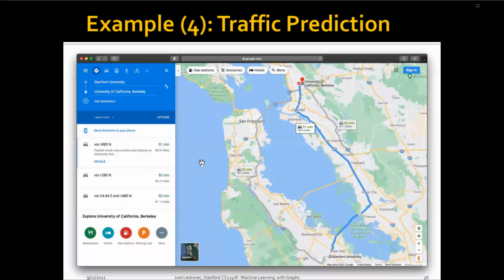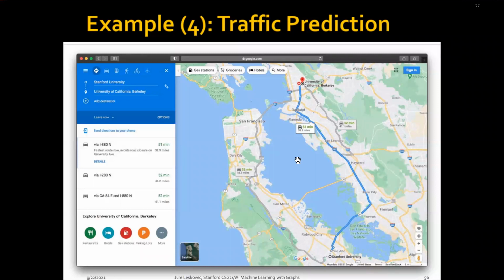Well, I think all of us have used Google Maps to tell us how to reach a destination from where we are. It usually shows you several routes, and on top of the routes, it also shows you the ETAs, the time to arrive if you take this route.